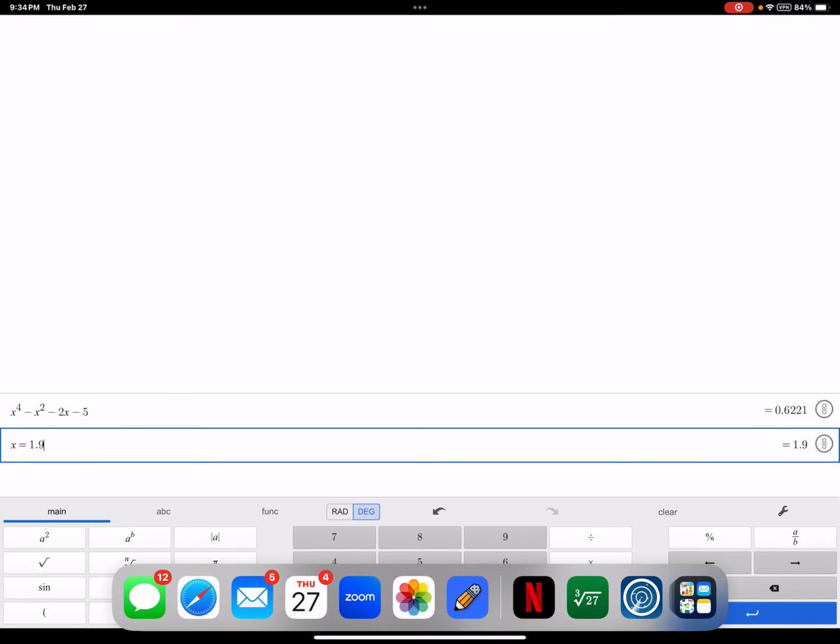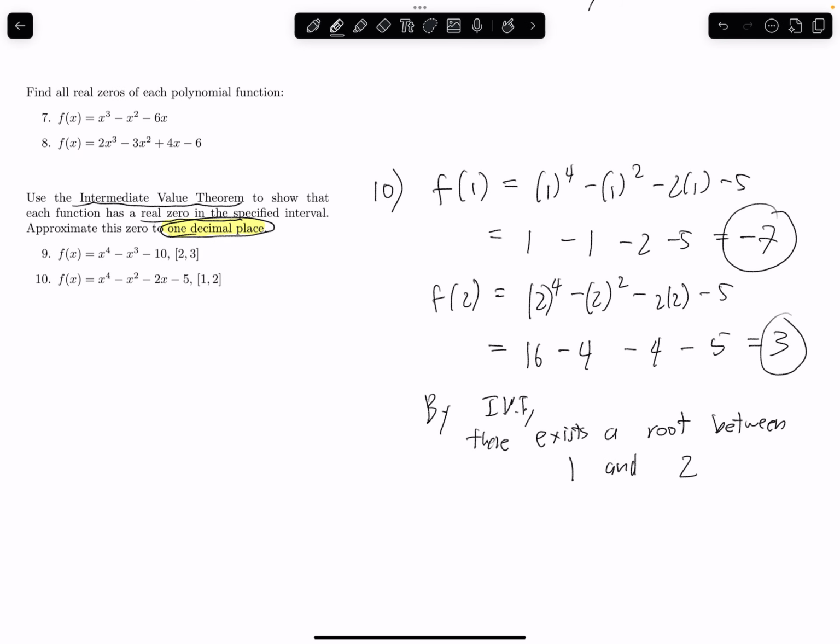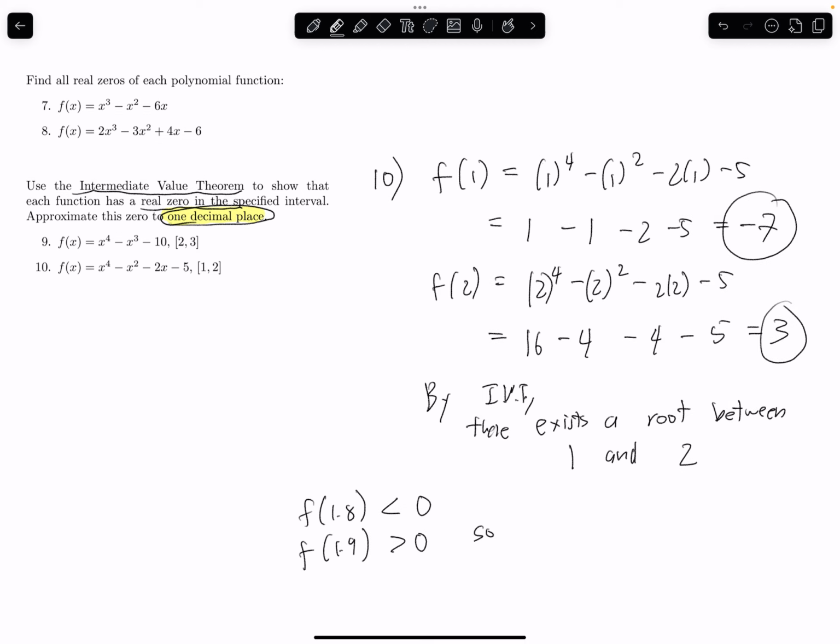So there you go. So f of 1.8 is less than 0. F of 1.9 is greater than 0. So that means the 0 is between 1.8 and 1.9.